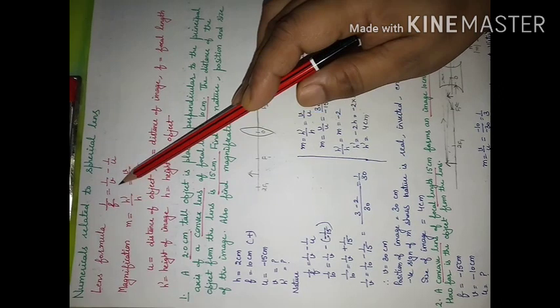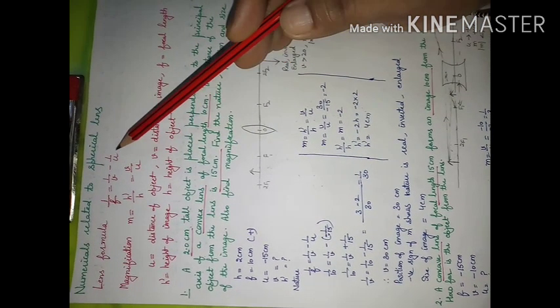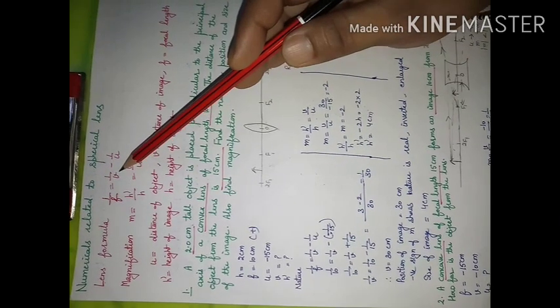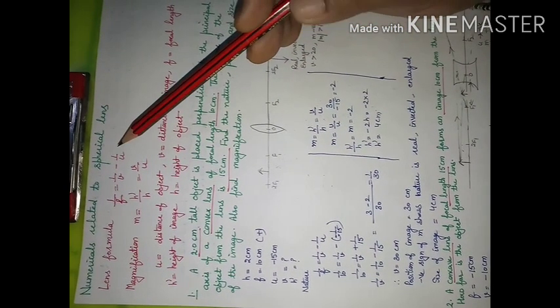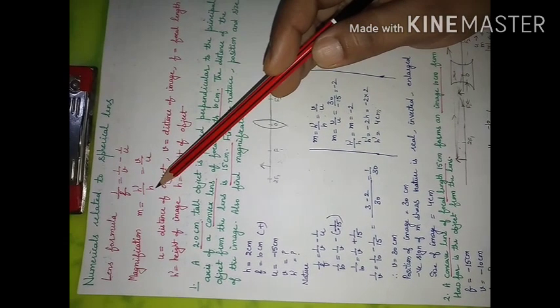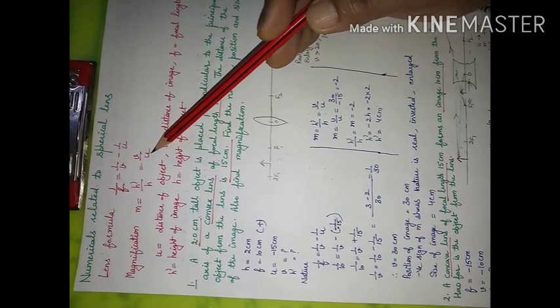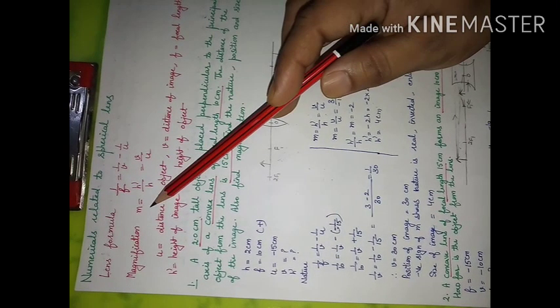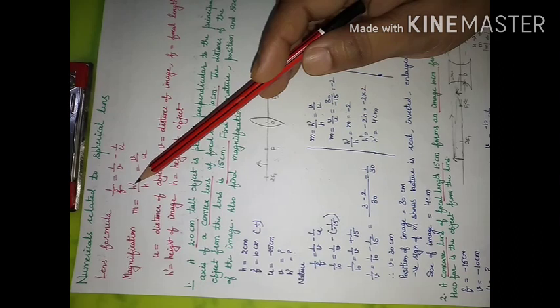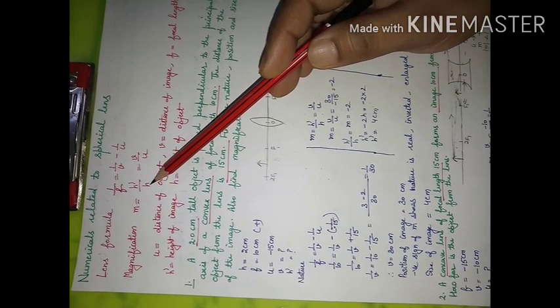where u, v, f all are going to be sign sensitive. We must take care of sign associated with u, v and f. Magnification formula for spherical lens is given by m is equal to h dash upon h is equal to v upon u. M is representing magnification, h dash is representing size of image, h is representing size of object.